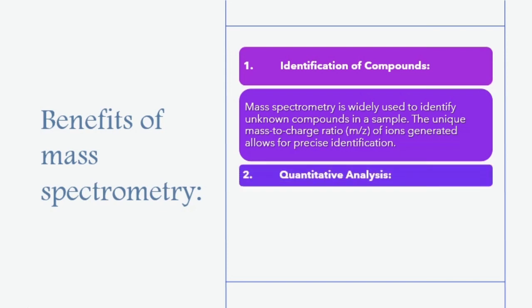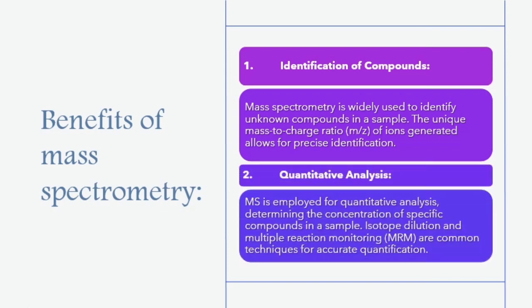Second, quantitative analysis. MS is employed for quantitative analysis, determining the concentration of specific compounds in a sample. Isotope dilution and multiple reaction monitoring, MRM, are common techniques for accurate quantification.